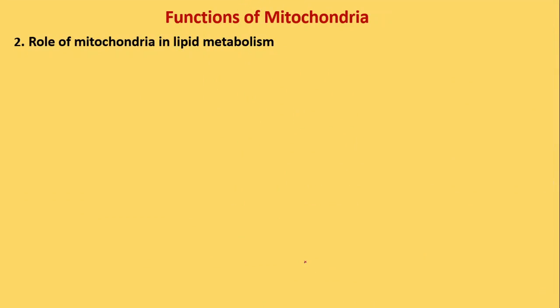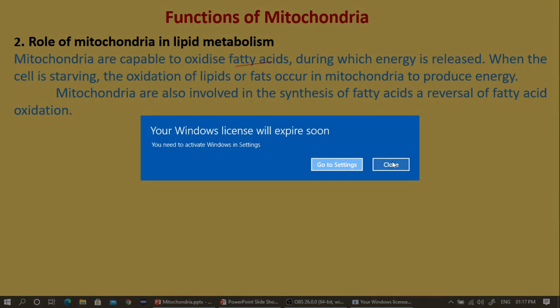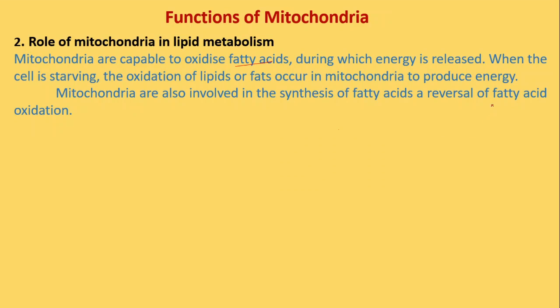Now, the next function of mitochondria is the role in lipid metabolism. Mitochondria are capable of oxidizing fatty acids, meaning they can break down fatty acids, during which energy is released. When the cell is starving, the oxidation of lipids or fats occurs in mitochondria, and it is responsible for producing energy so that the mitochondria will survive.